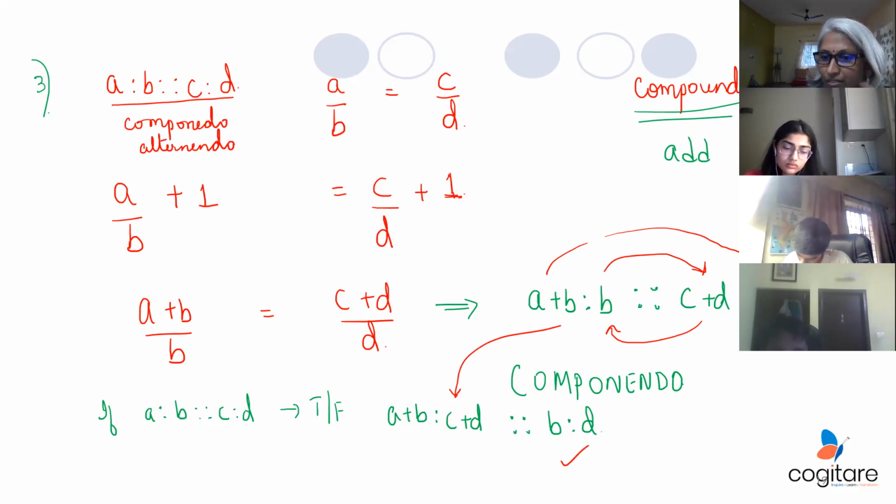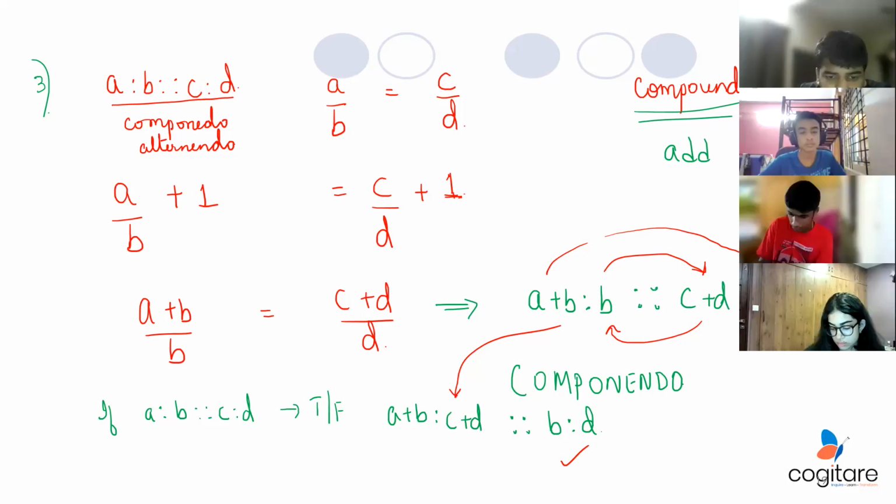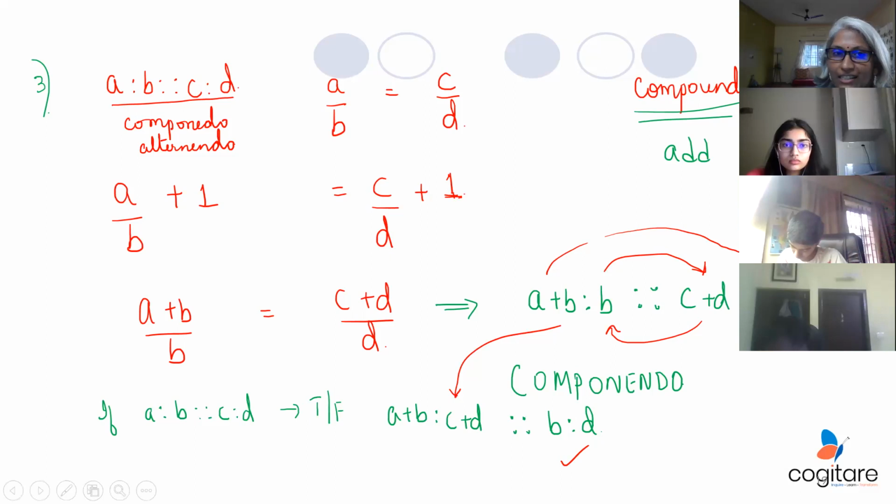Do you all agree how you can club two properties or theorems in proportion? Clear? So when you're thinking of ratios, all you think, guys, is: can I alternate? Can I reciprocate? Can I add?